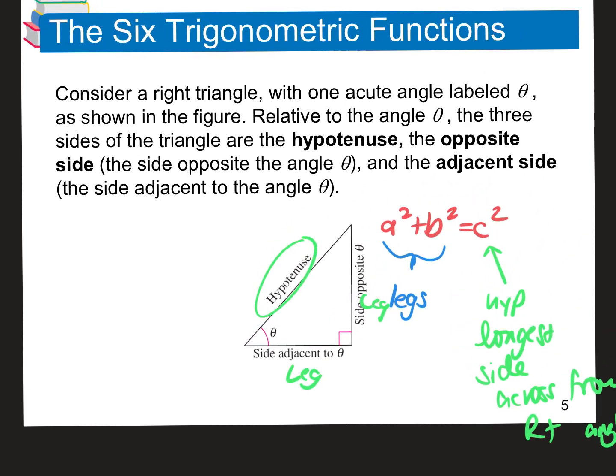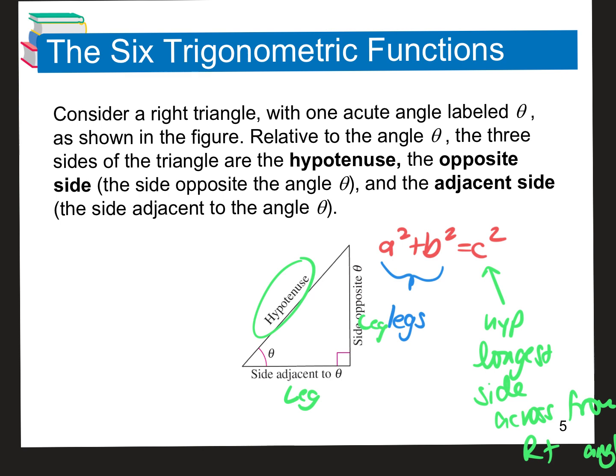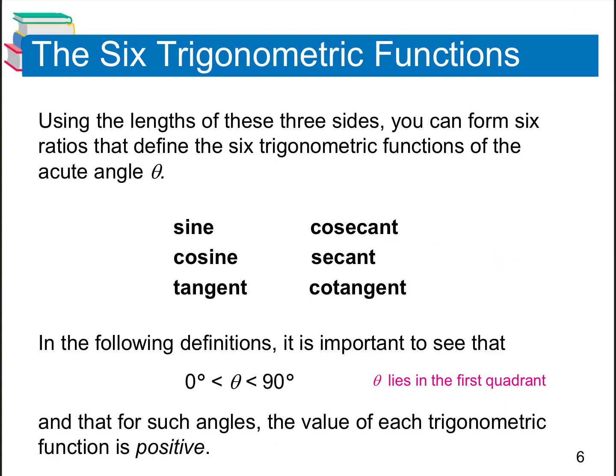But if you guys remember stuff that we talked about last class, last week, we had a right triangle, and this was our theta. It was always at the origin, right? That's where I want you guys to be thinking now. We're going to be thinking always from the origin.